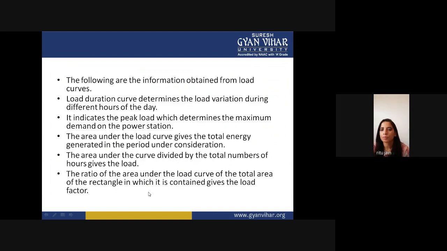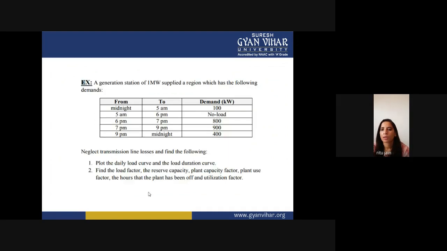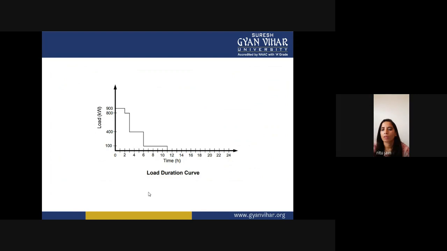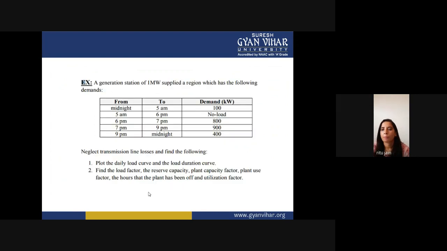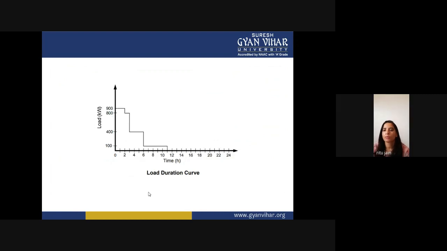Next, you are using 400 kilowatt load, which is for 9 p.m. to midnight.